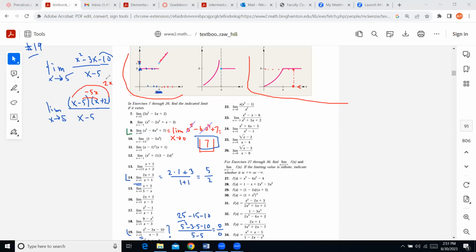Minus 5 and plus 2 give us -3x, and that's exactly what we need to get. So this means that I get to cancel these x minus 5s, and then we're left with something without a denominator. So we're no longer going to have a problem with this 0 over 0.